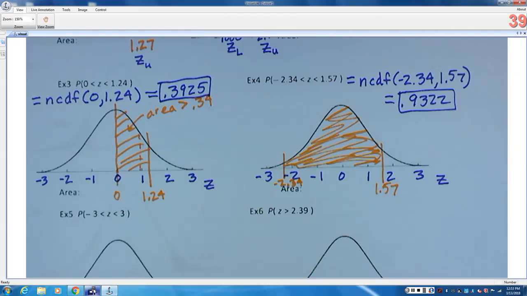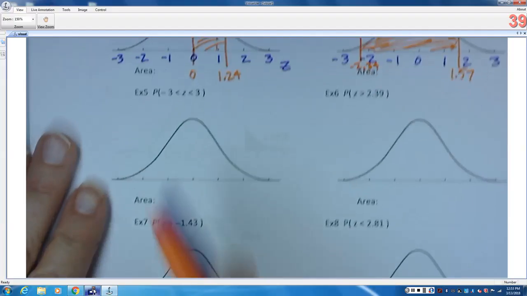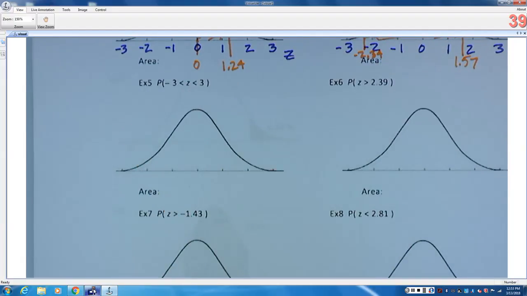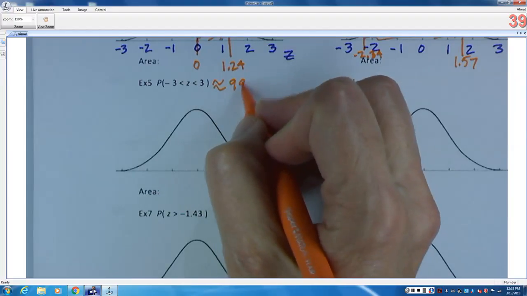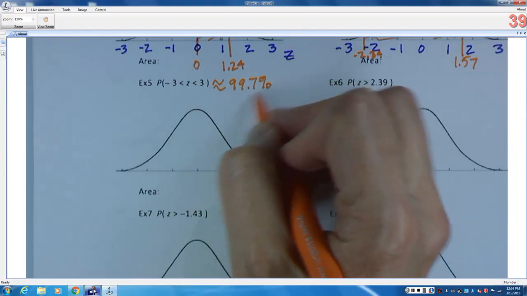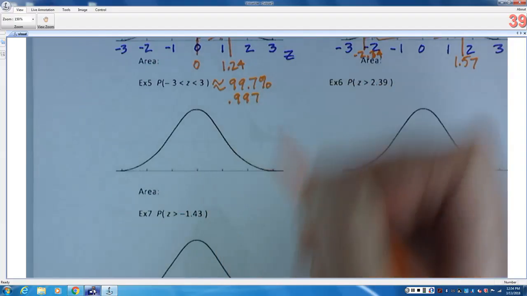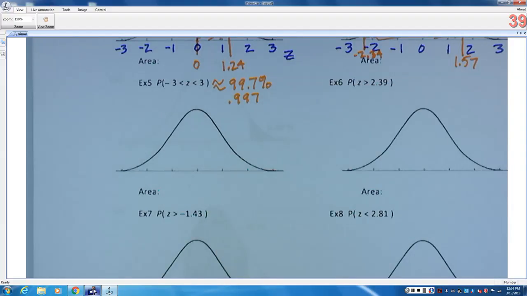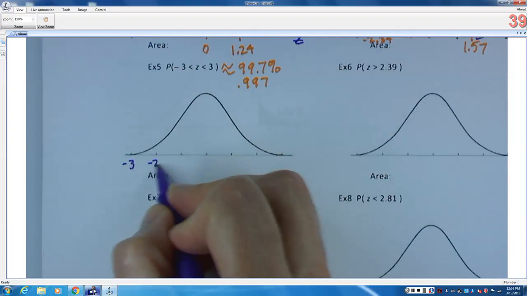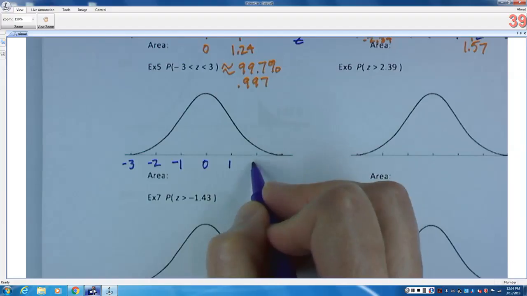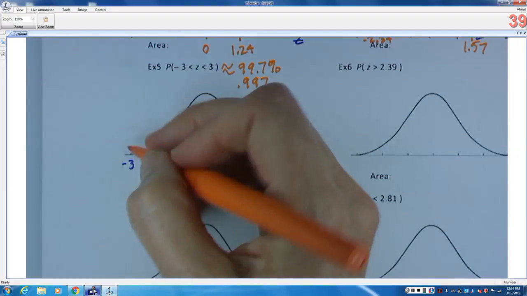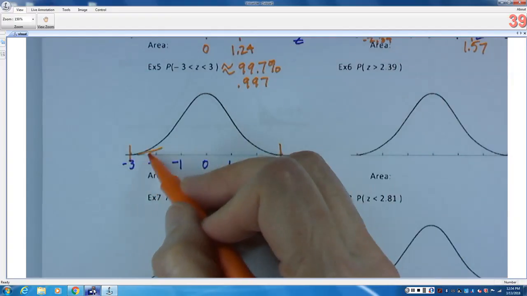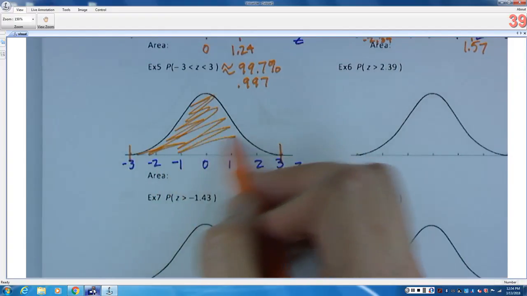Okay. All right, and between minus 3 and 3, by the empirical rule, this should be approximately 99.7%, or 0.997. But if I want my 4th decimal place, then you're going to put that in your calculator: you can go from minus 3 to 3, shade all that stuff in.